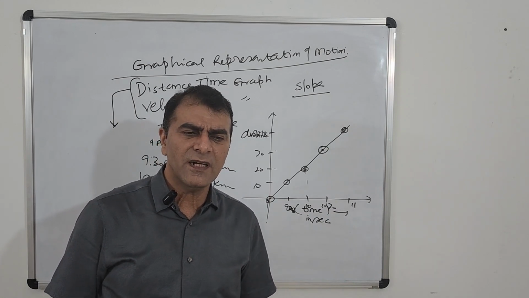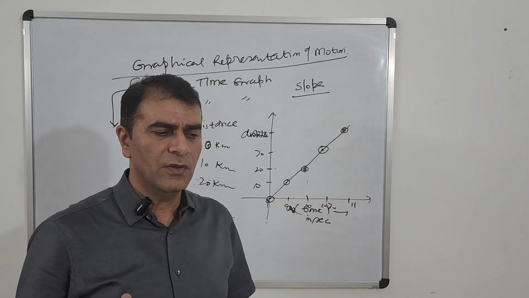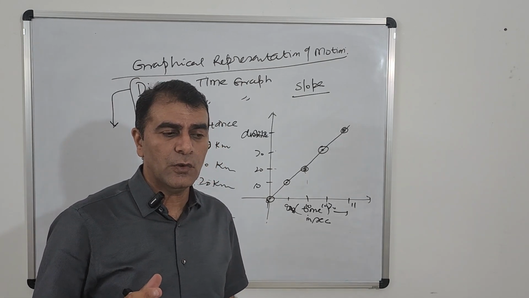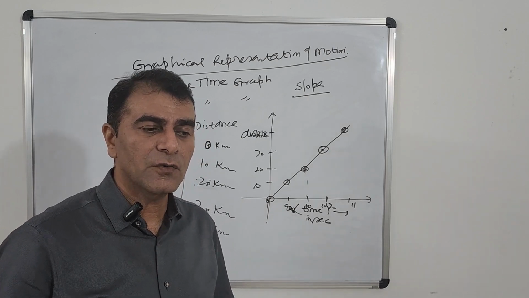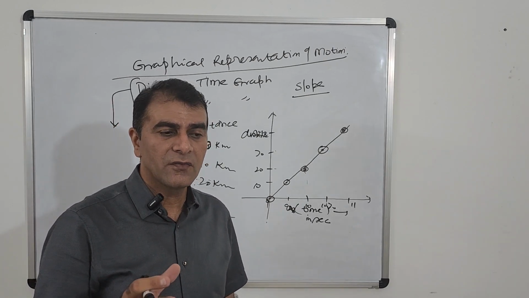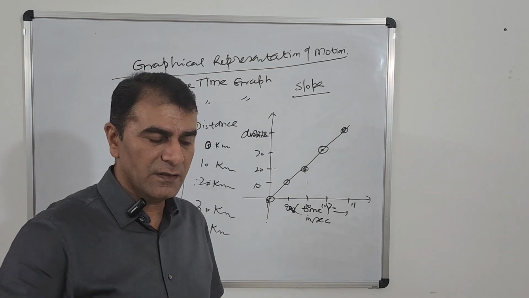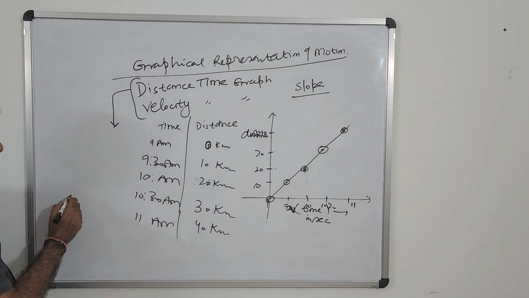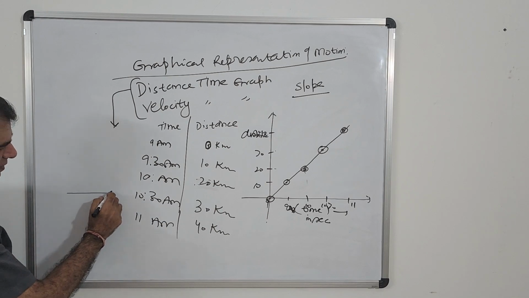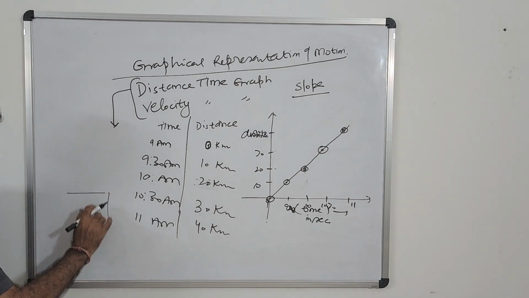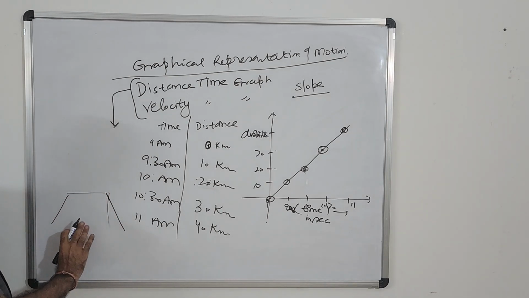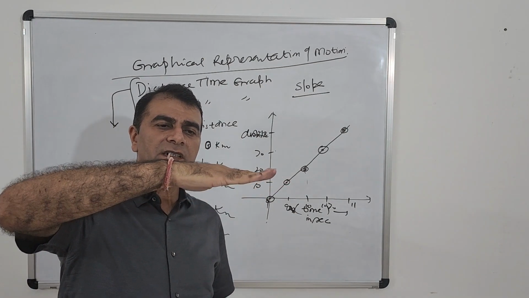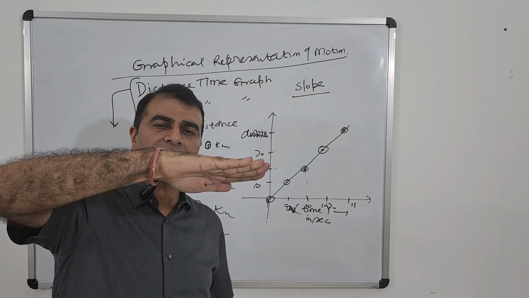Yes, for example at the entrance of your school or your home there is a slope like this. Slope means it is not horizontal, it is inclined at an angle.